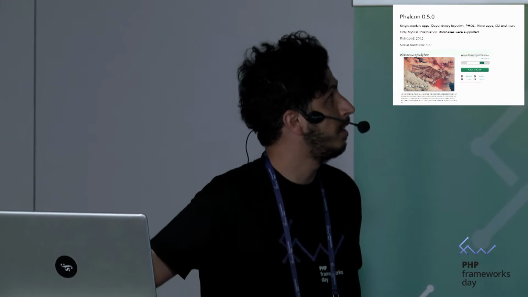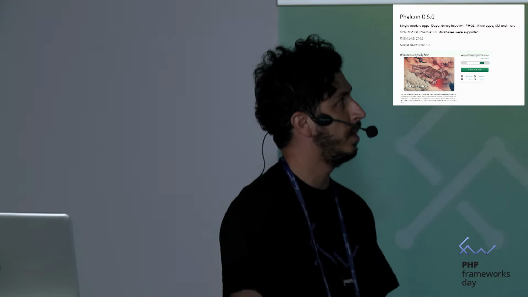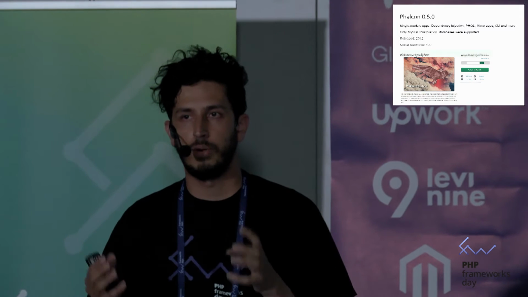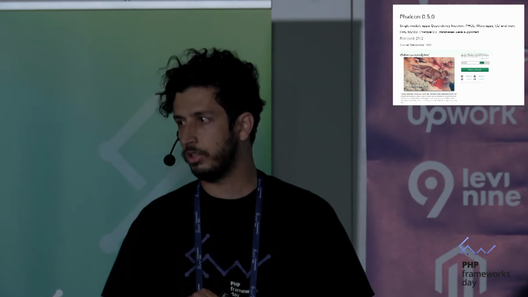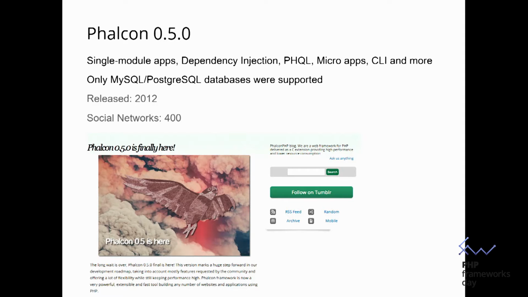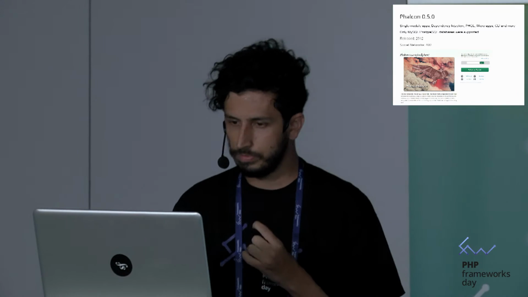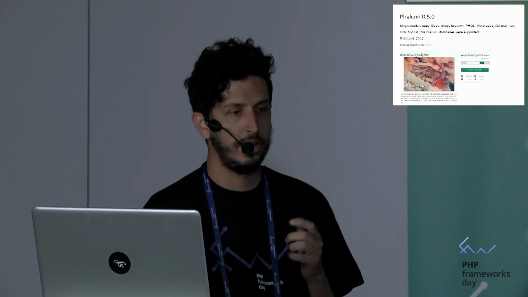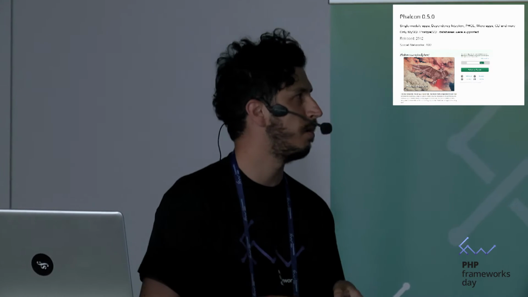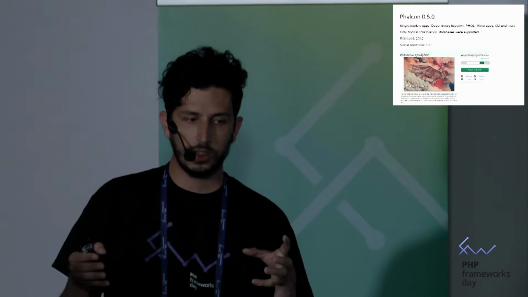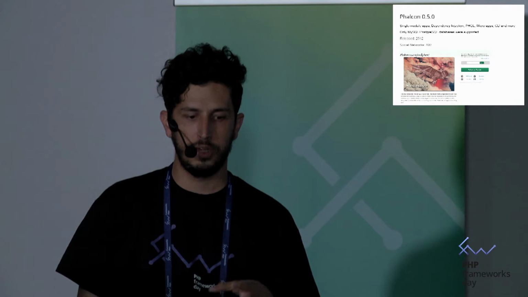It also delivered many important components like dependency injection and PHQL, which is a SQL dialect on top of the parser technology provided by SQLite. We extracted this technology that they had hidden there, the Lemon parser, introduced it into Phalcon, and created PHQL, which I guess you already know. PHQL is a very important feature for developers because it provides a set of security improvements for your PHP application.